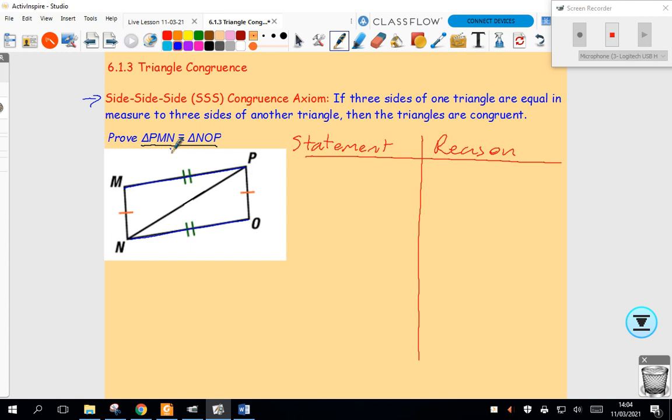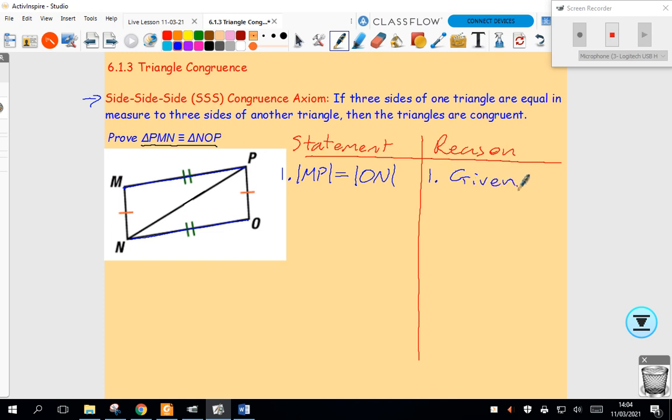I'm going to say the distance from M to P is equal to the distance from O to N, because M is the corner between that single and double dash, so I pick the side with the corner between the single and double dash, starting with O and finishing at N. So keeping corresponding parts in the same relative position. This is statement number 1, and statement number 1 will have a reason, reason number 1. And the reason I can say that is because it's given.